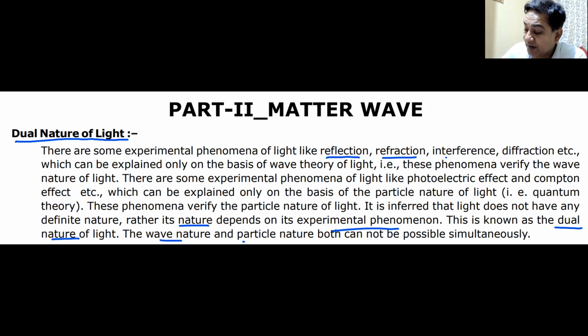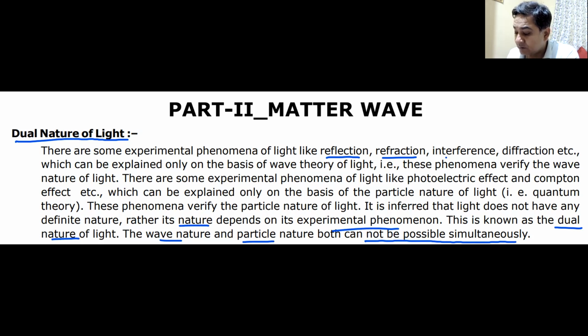The wave nature and the particle nature cannot be possible simultaneously. So light will either have wave nature or particle nature. It cannot have both simultaneously. But sometimes it behaves as a particle and sometimes as a wave. Do we understand this?